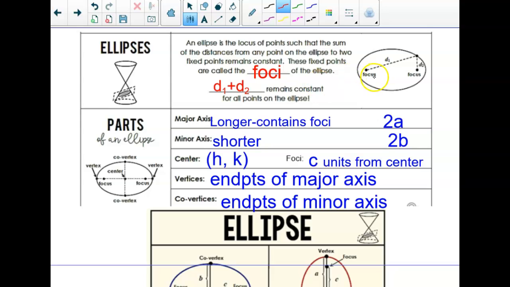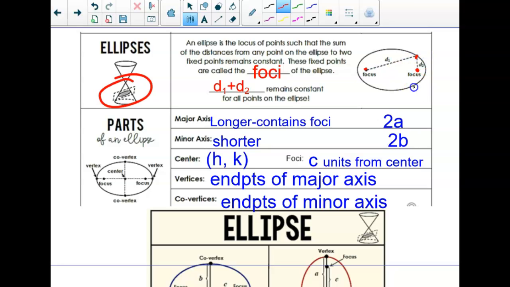So the fancy definition is, not so fancy definition is it's a slice of the cone that's not parallel to the base. But the fancy definition here is that if you measure from one focus point to any point on the ellipse and then to the other focus point, and you add those two distances together, it will remain constant.